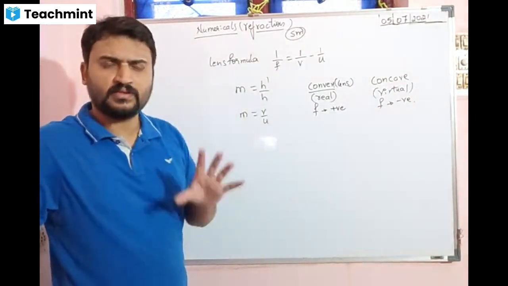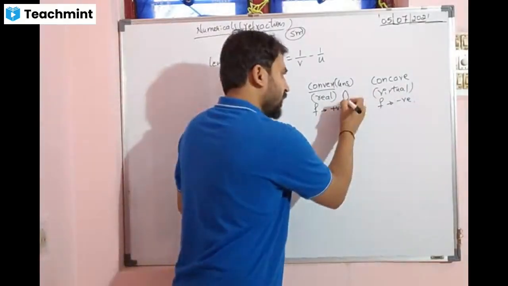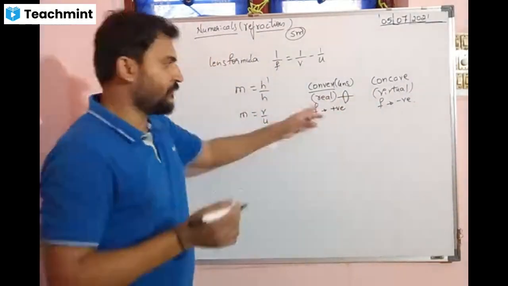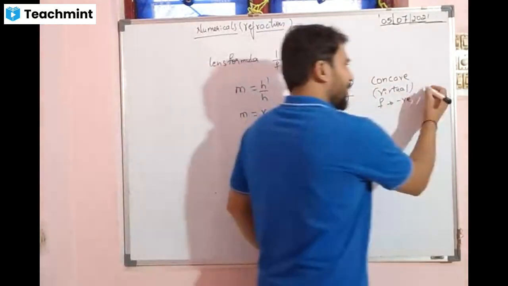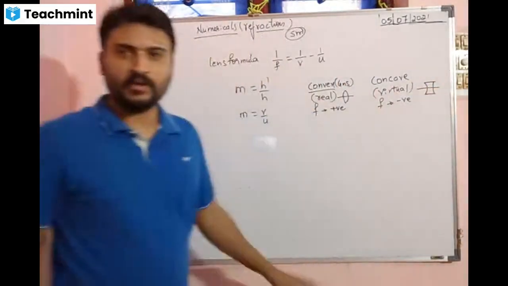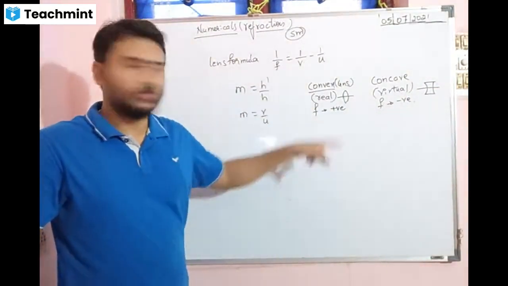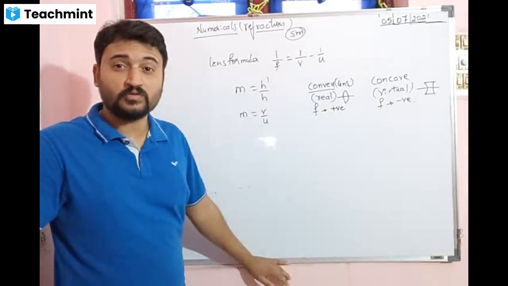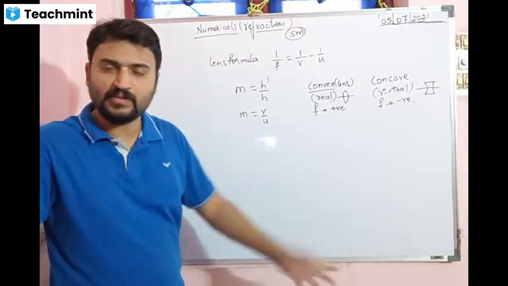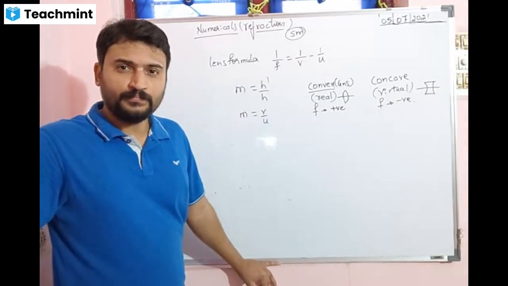Just think. Convex. Okay, this is convex. It has formed a real image always. So F is positive. So here it has formed virtual images, which is considered to be negative. Even in the concave mirror also it was the same, no? Concave mirror also F was negative. Turn the pages and tell me. Concave you had written F negative.